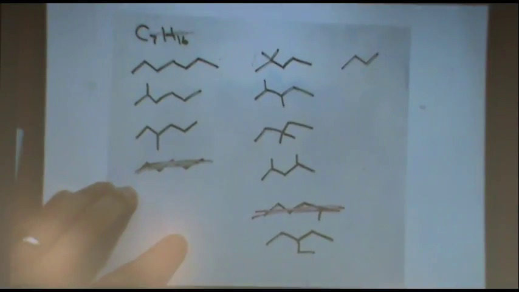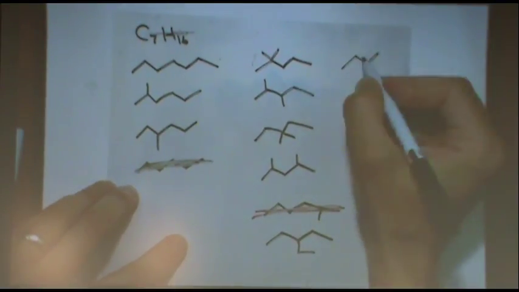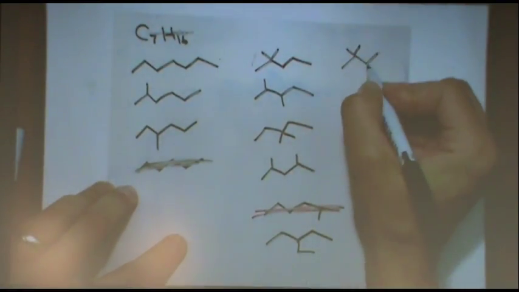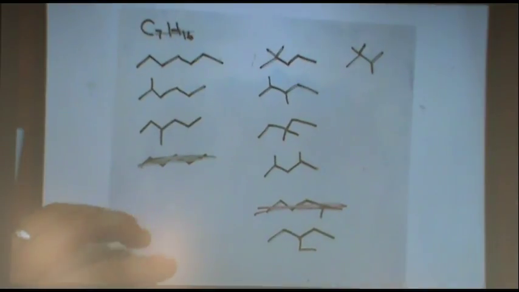Now we've got 4, but we've got 3 things to deal with. So I'll do 1. We could do this. That would be 2,2,3-trimethylbutane. Anything else you see besides that one? It's sort of like a puzzle. You guys sit and think about it for a minute.